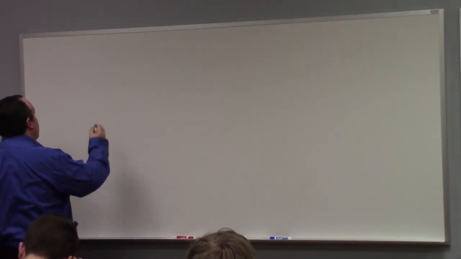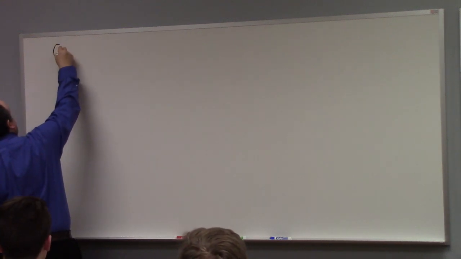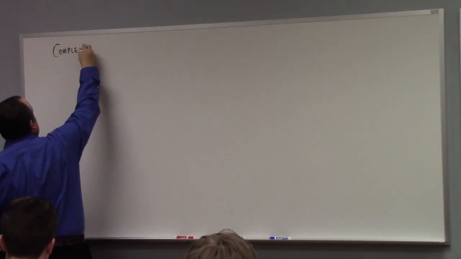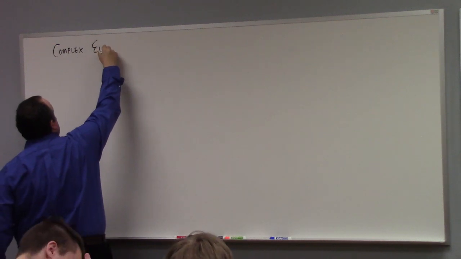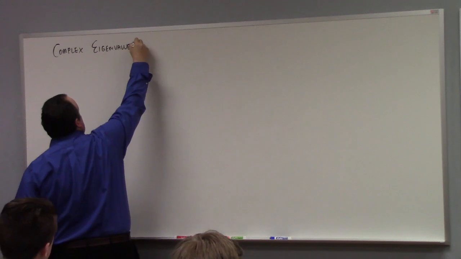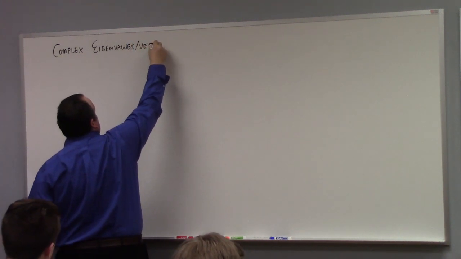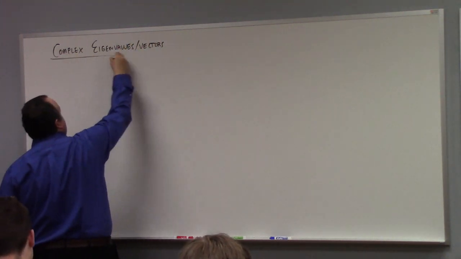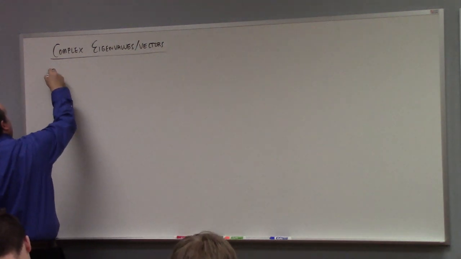So today I need to talk to you guys about complex eigenvalues and vectors. They come together. And so basically here's the definition.